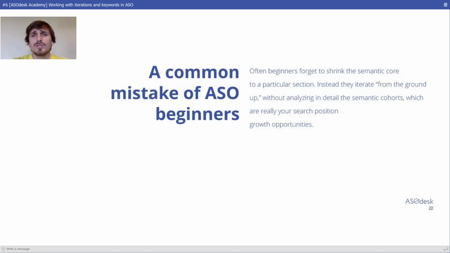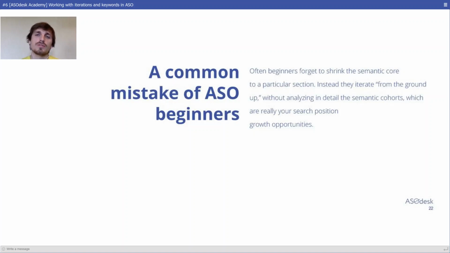You just need to understand what was wrong. You need to divide the whole semantic core by cohorts and find the reason. It is possible that you are doing everything right, just your app is not strong enough to move higher for the given keywords, or the competition in your market is strong, or you need more paid traffic to your app.